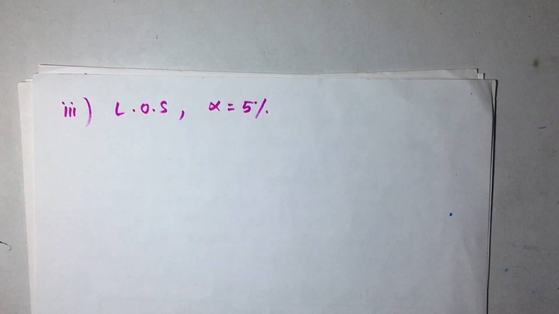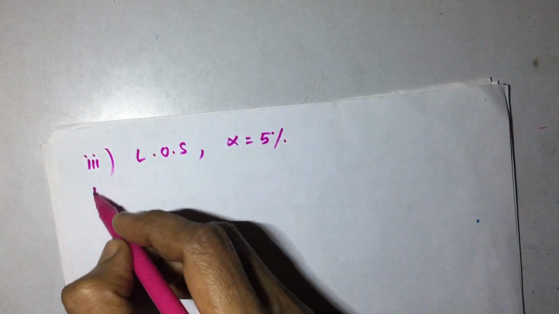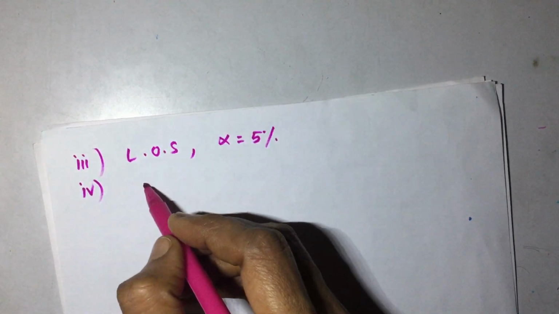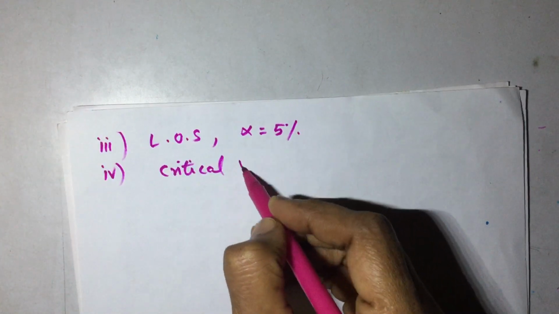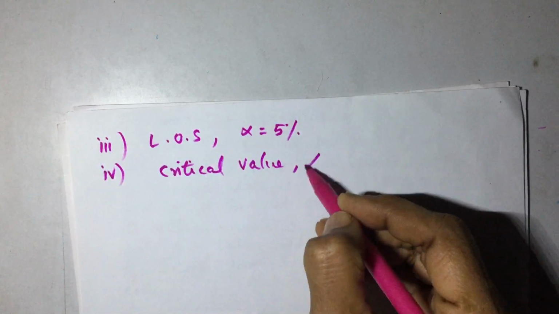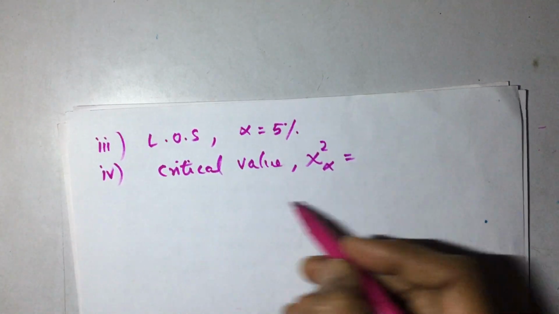Now at 5%, what will be the table value? Now the critical value, chi-square alpha, is equal to what?